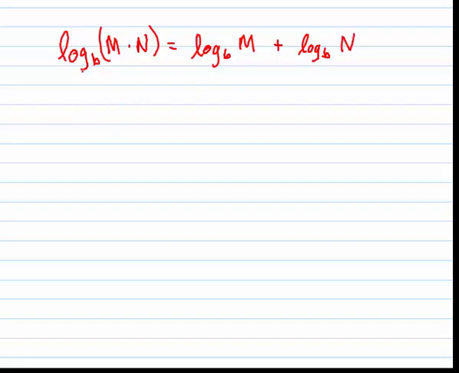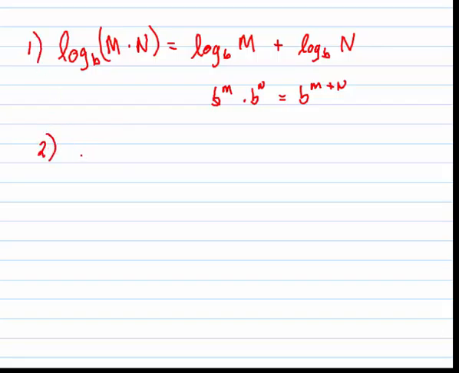Now, logarithms basically extract the exponents, because if we have b to the m times b to the n, we get b to the m plus n. That's basically why we're adding exponents there when we multiply numbers. But we'll actually even prove that and show that. So that's property number one.